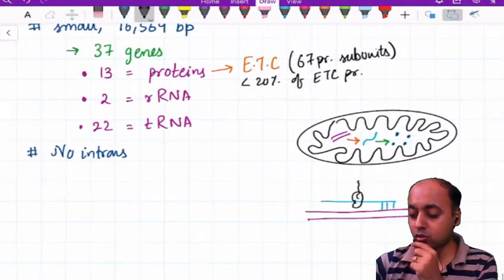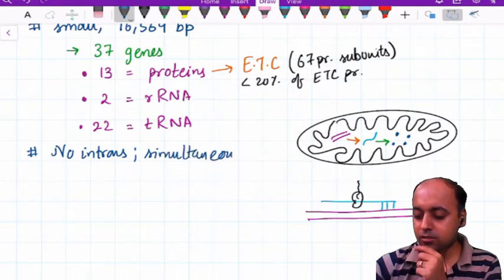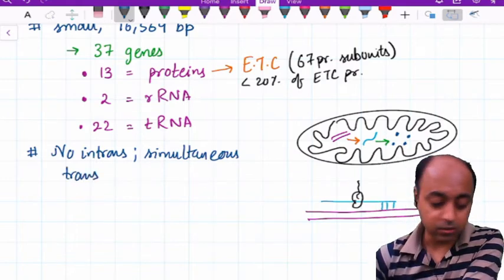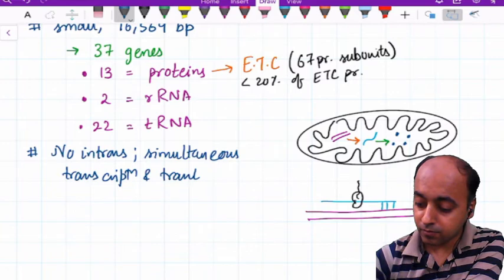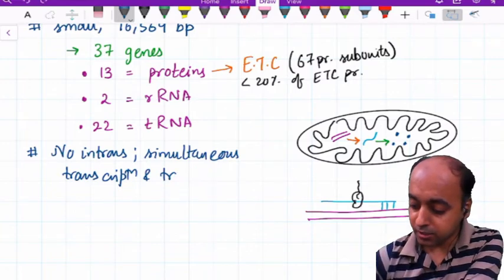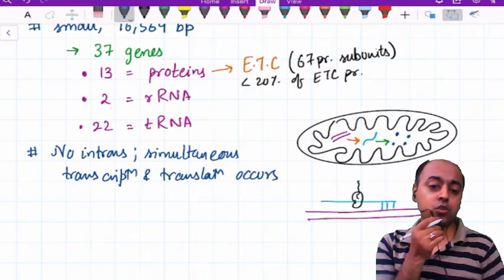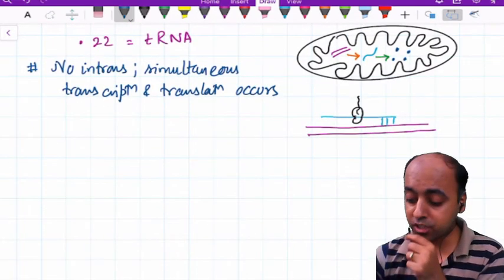So because no introns are there, simultaneous transcription and translation occurs, because the RNA doesn't need to undergo modification.